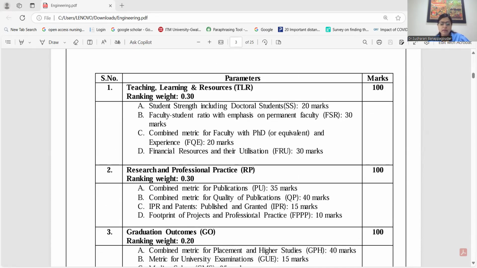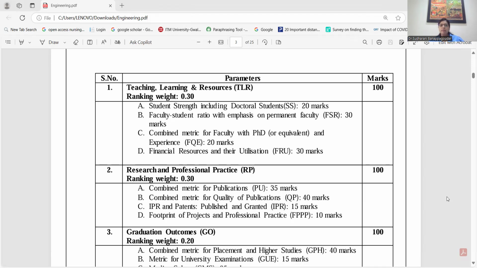The first parameter is teaching, learning resources, which we call TLR, with a ranking weightage of 0.30 and marks of 100. In this teaching, learning resources parameter, we have 4 subcategories. The first one is student strength, including doctoral students, which carries a weightage of 20 marks.